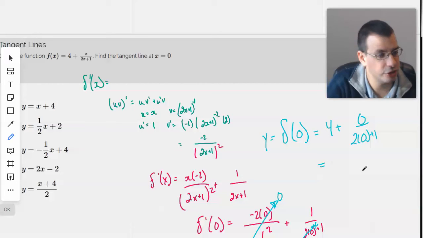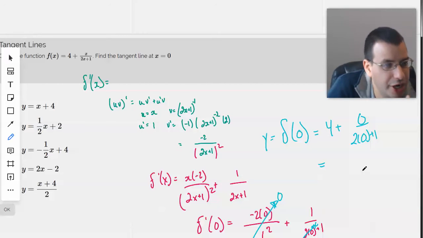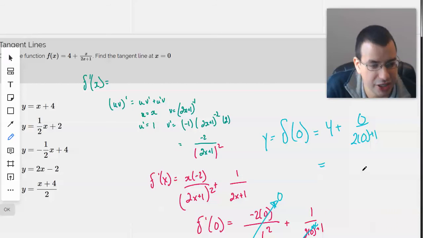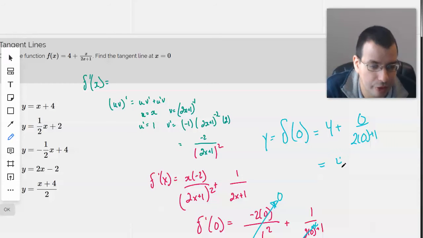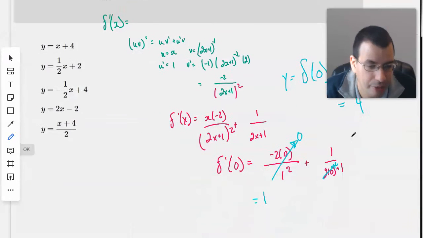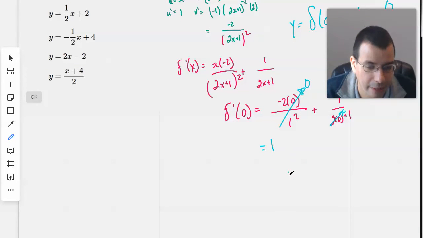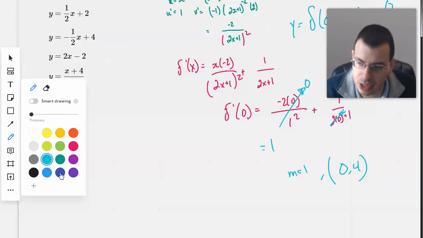And we don't have 0 as the sole term in the denominator here, which is good because if we try and divide by 0, the universe ends and we can't do that. So this point does exist. So we have 4. So we have m equals 1, and we have the point (0, 4). Okay, that's all we need.